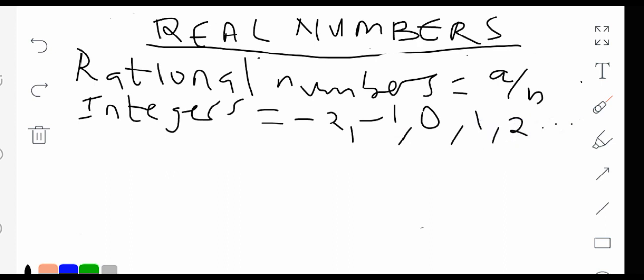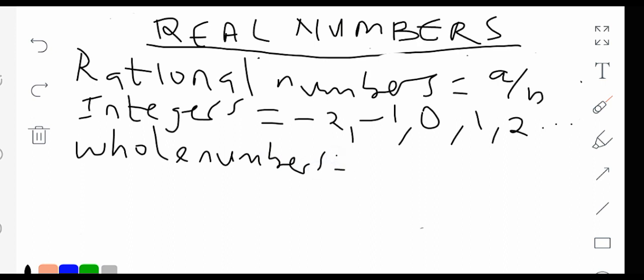Whole numbers now. Whole numbers are also under rational numbers. Whole numbers are positive numbers starting from 0. That's 0, 1, 2, 3, and so on and so forth. We also have natural numbers.